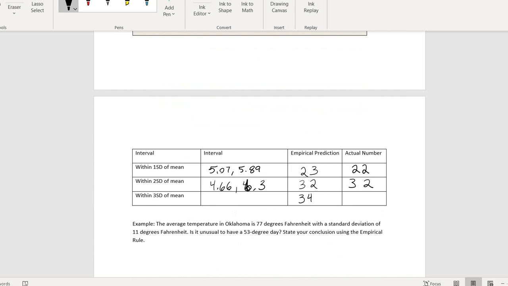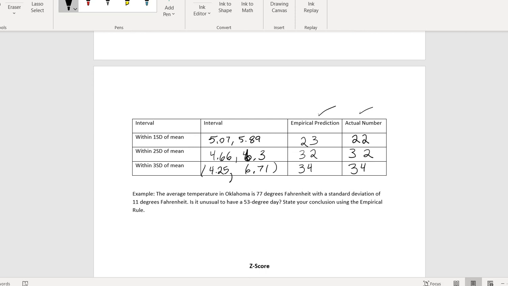As well, if we look within 3 standard deviations now, we see that we actually did capture all of our students. So the empirical rule does a really good job of what we should see when we add and subtract a standard deviation and how much of our data we should capture.